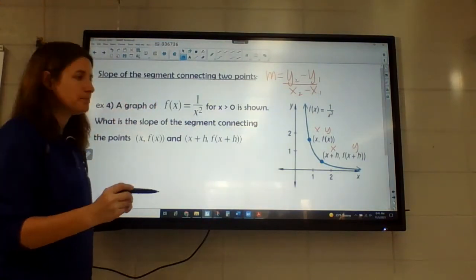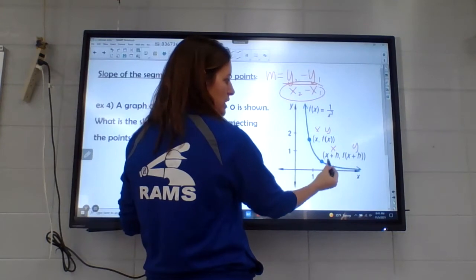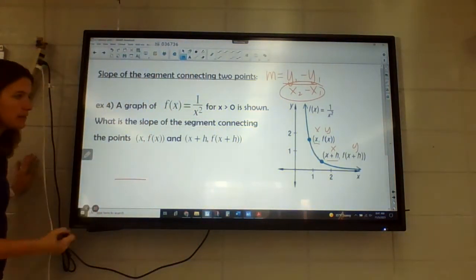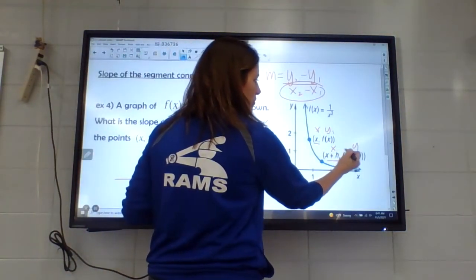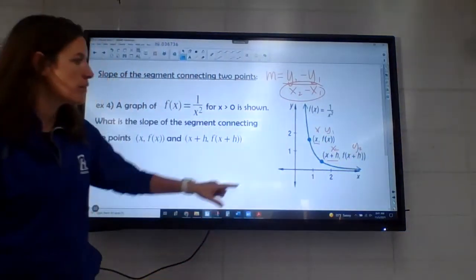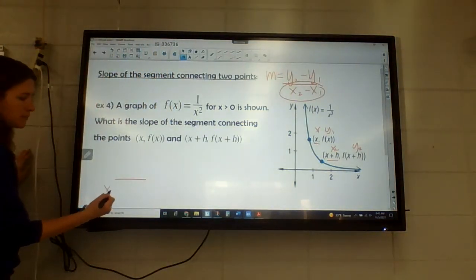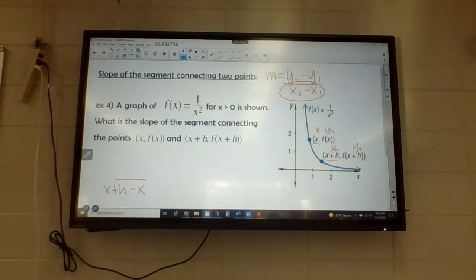Especially the bottom, because x2 minus x1 is just these two. So that's going to be the bottom of our fraction. I'm going to call this 1, 1, 2, 2. So x2 minus x1 is going to be x plus h minus x. Does that make sense? So I'm taking the x's and subtracting them. That goes on the bottom of our slope formula.